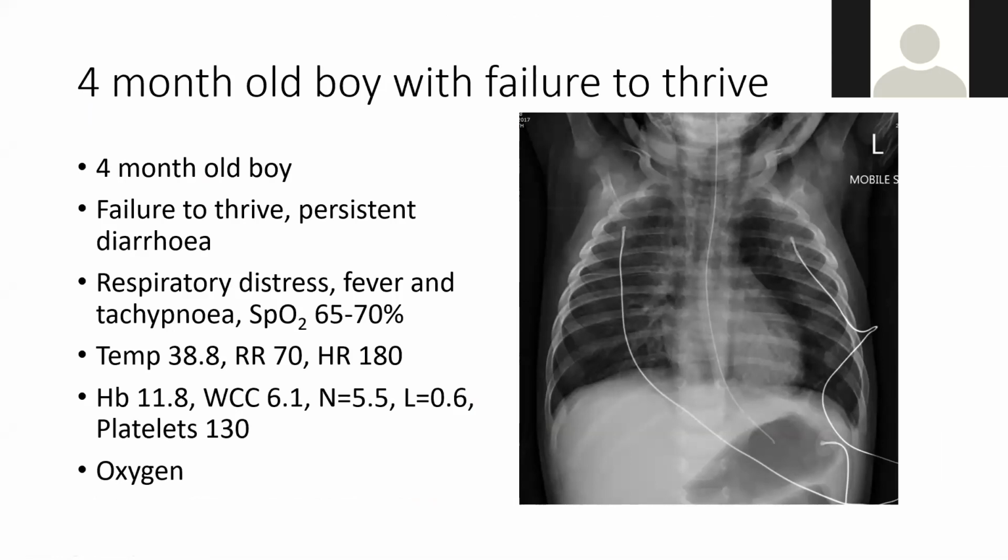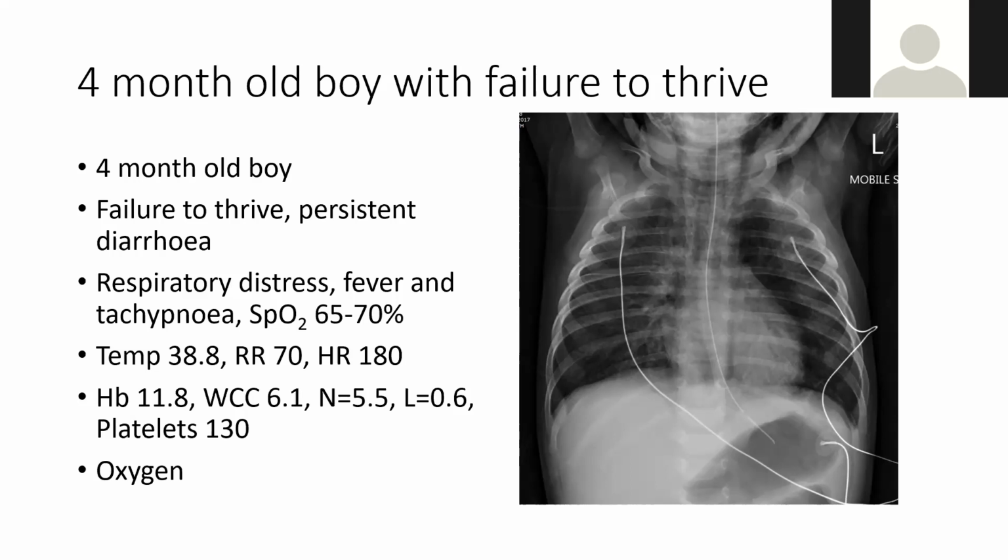So this was a 4-month-old boy who had failure to thrive. He'd been failing to thrive for about 2 months. And he also had persistent diarrhea. And he presented with respiratory distress and fever and tachypnea. So similar to the previous cases.